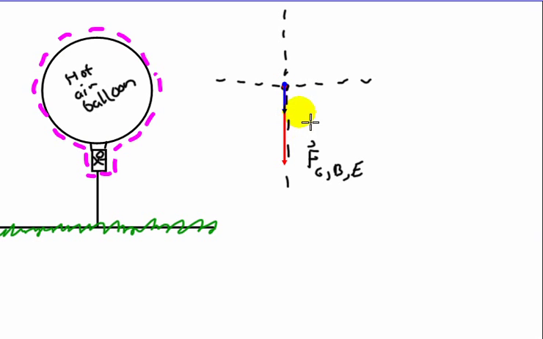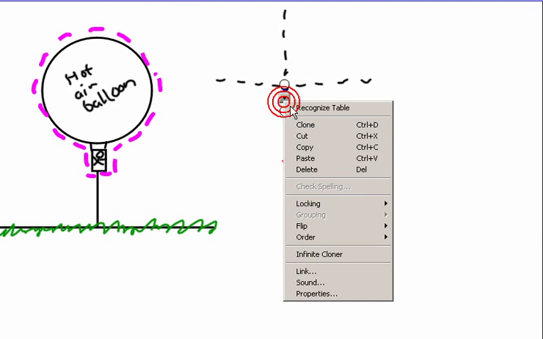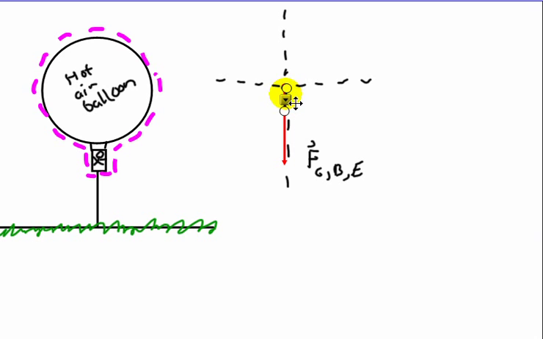Now I drew it right on top because I can distinguish that with a different color, but if you don't want to get confused, you could come over here and draw it a little bit to the side. If you want to scooch it over a little bit, that's fine. Make sure it still points straight down.